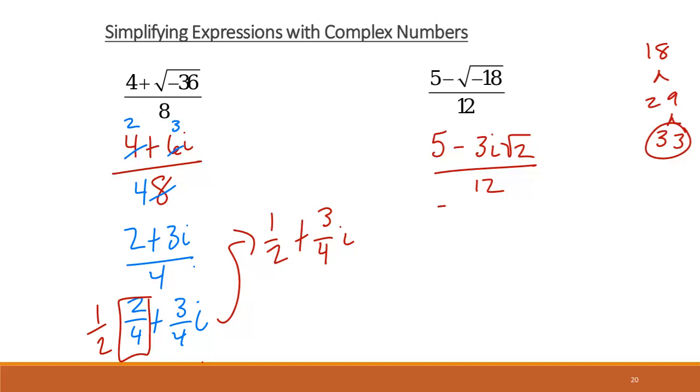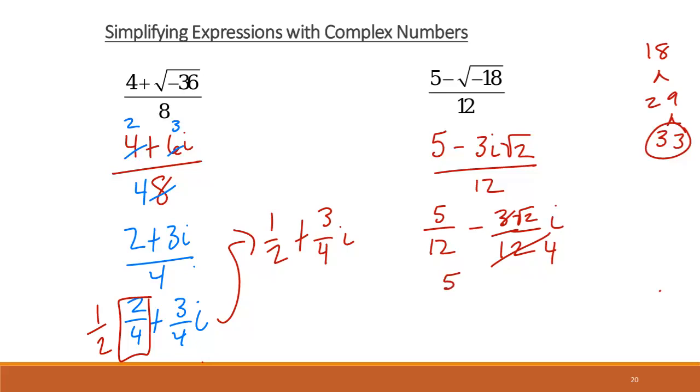So I can break this up as 5 over 12 minus 3 square root of 2 over 12 i. My 3 and my 12 can reduce. The 3 becomes a 1, and the 12 becomes a 4.